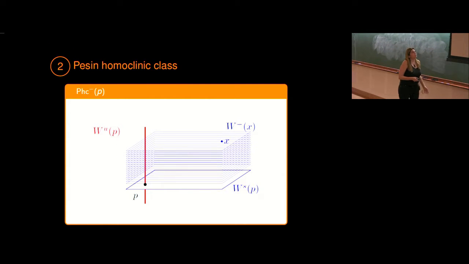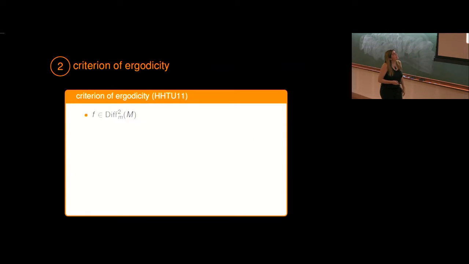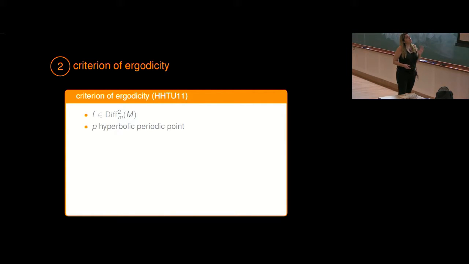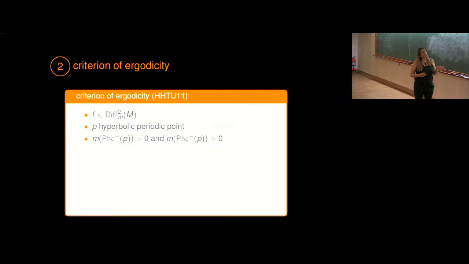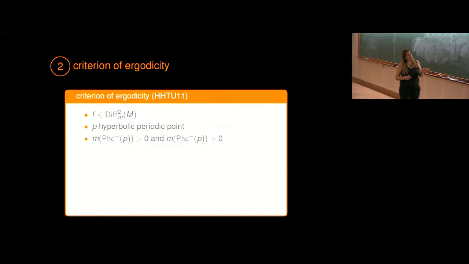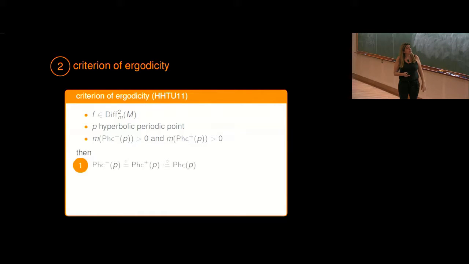And there comes the element and why we can prove things. We have developed the following criterion of ergodicity together with Federico, my brother, and Ali Tahzibi and Raul Ures, which says that if you have a periodic point and F is C2, and both the unstable Pezin homoclinic class and the stable Pezin homoclinic class have positive measure, then they coincide almost everywhere.